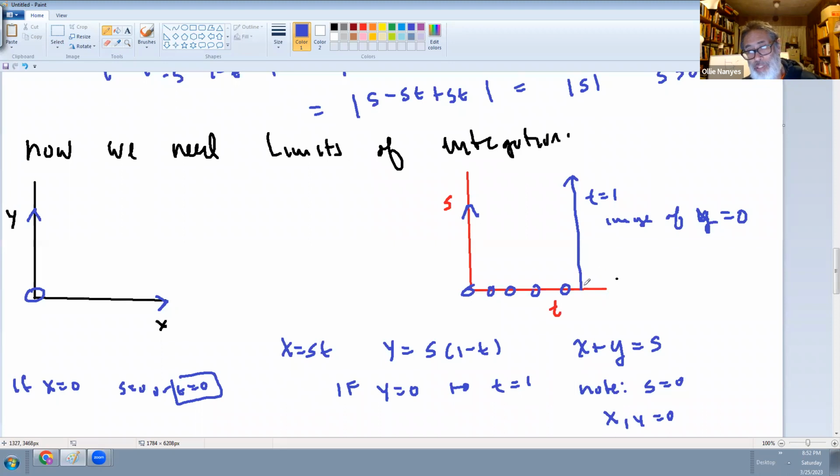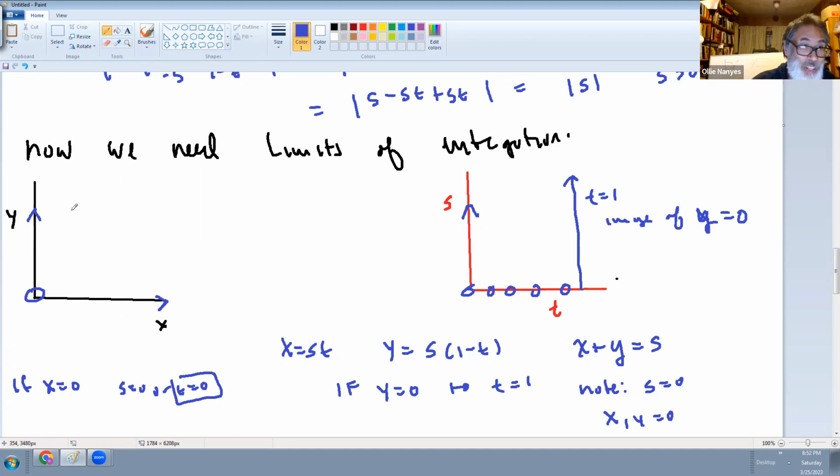So this whole segment on the t-axis gets squeezed to this point, and this t equals 1 line turns and becomes this right here. So all of this stuff here is squished to that point. This line here, the t equals 1 line, becomes the x-axis.